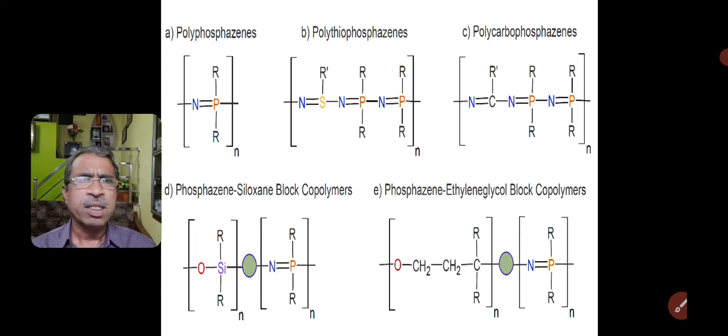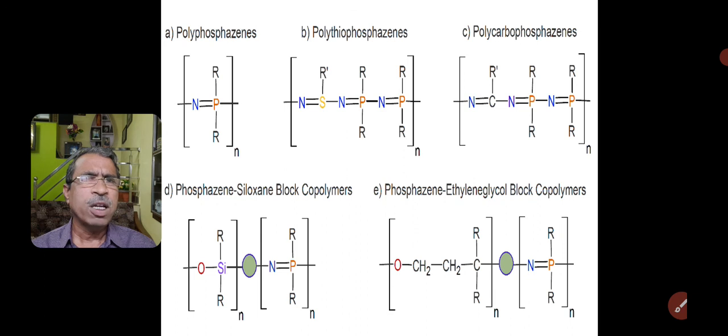We have polythiophosphazenes, with nitrogen, sulfur, nitrogen, phosphorus, nitrogen, phosphorus, and so on. So in polythiophosphazenes, we have three elements in the skeleton. We have another, polycarbophosphazenes.